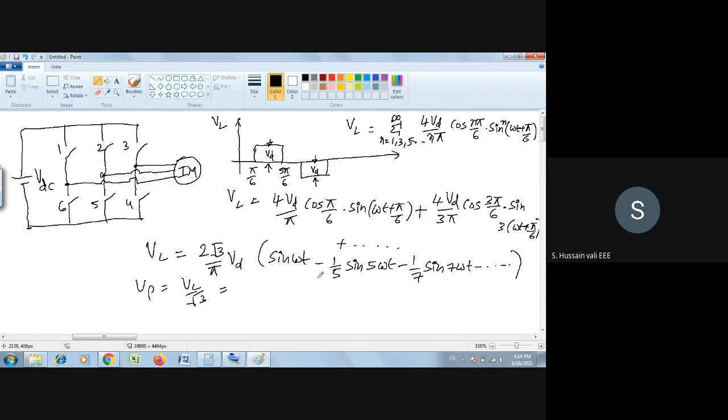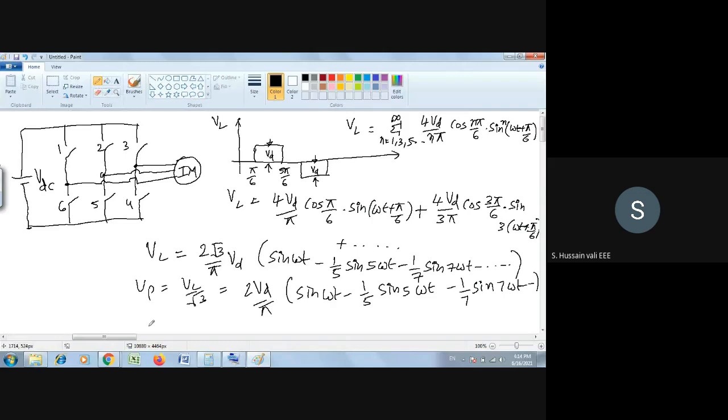So you will get here 2 VD by 5 into sin omega t minus 1 by 5 sin 5 omega t minus 1 by 7 sin 7 omega t, and so on. This you will find out the expression.